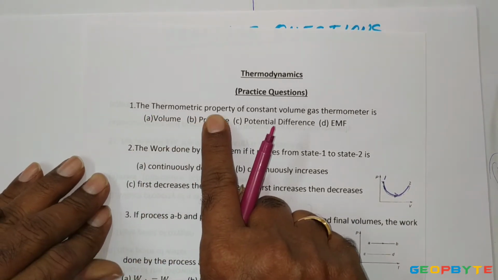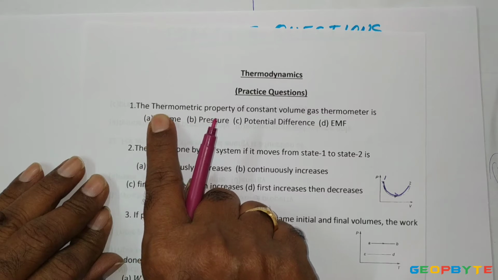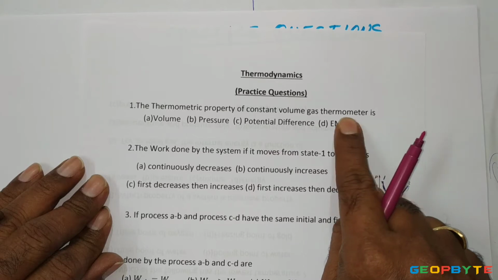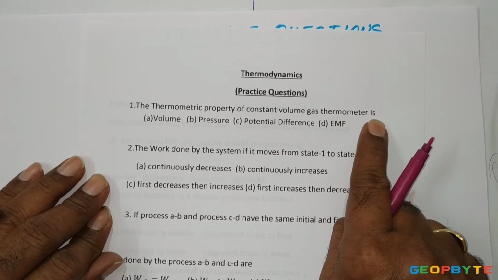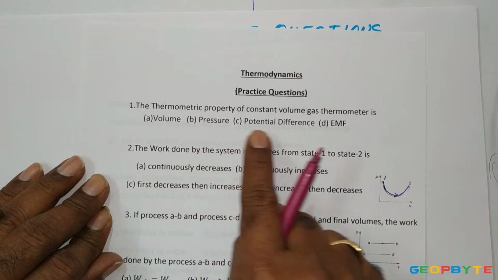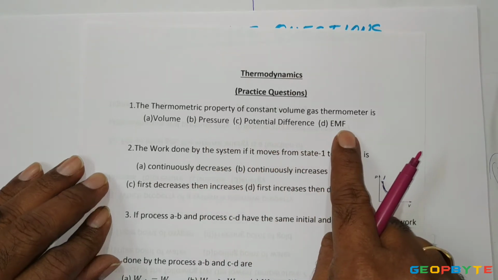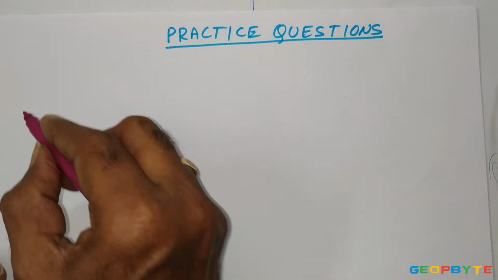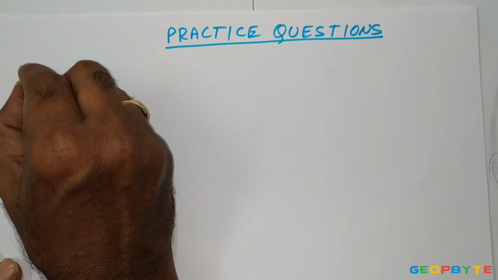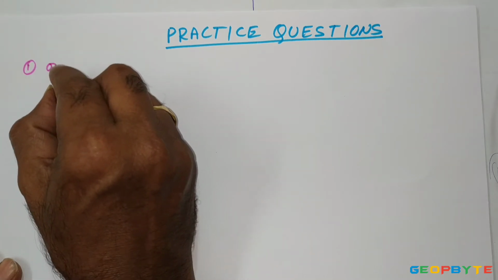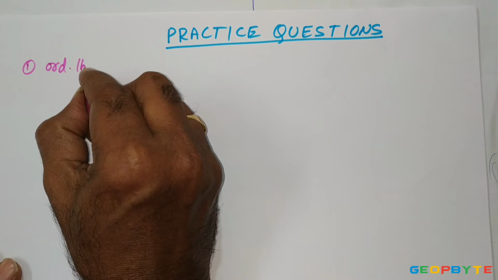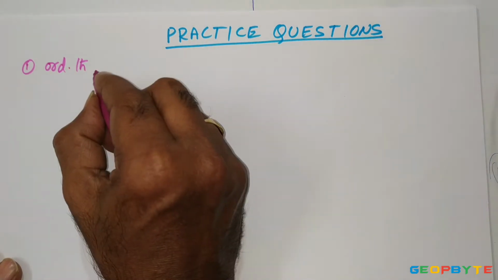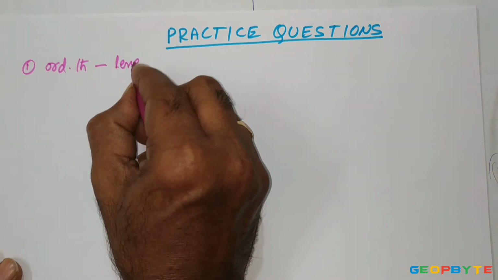The very first problem is: the thermometric property of constant volume gas thermometer is volume, pressure, potential difference, EMF. As we know, the thermometric property for ordinary thermometer, also called clinical thermometer or doctor's thermometer, is length.